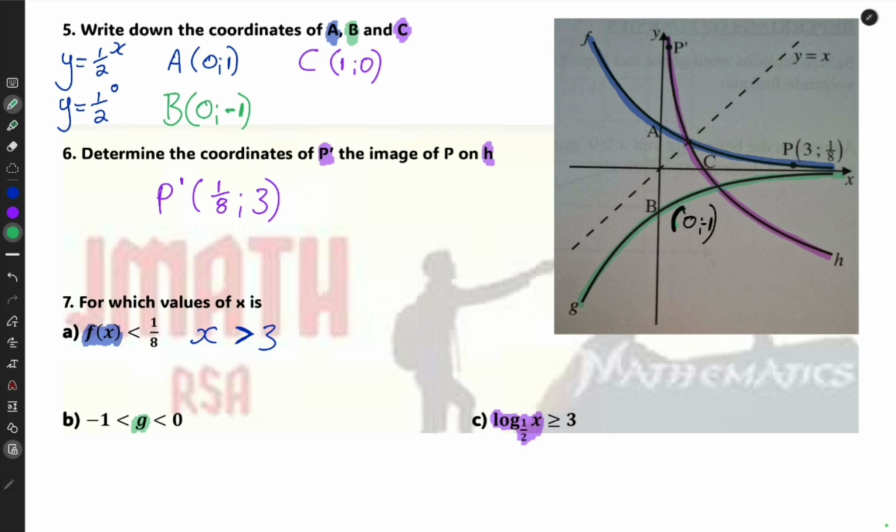Question B, where does the green graph lie between -1 and 0? If I look at the y values, where are the y values between those two, -1 and 0? And my answer must be in terms of x. In question 5, we found that B has a coordinate of 0 and -1. So I know it's something to do with B, and its x value is 0. So my answer must be something with 0. Now I must just see, are they asking me where does it go below or above? It's clearly above because it must be between -1 and 0.